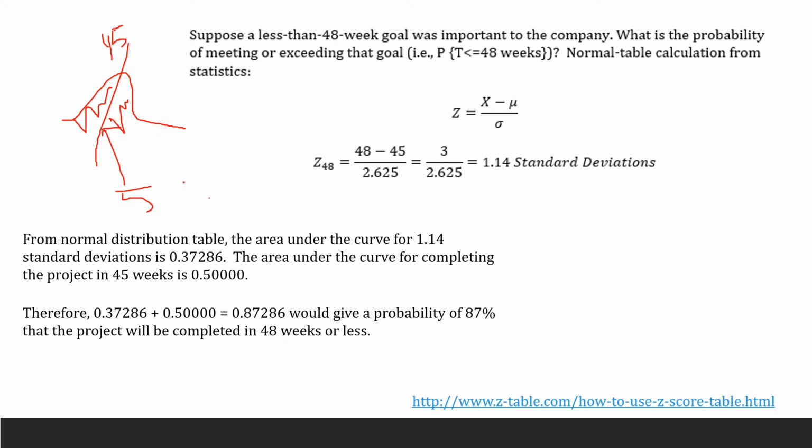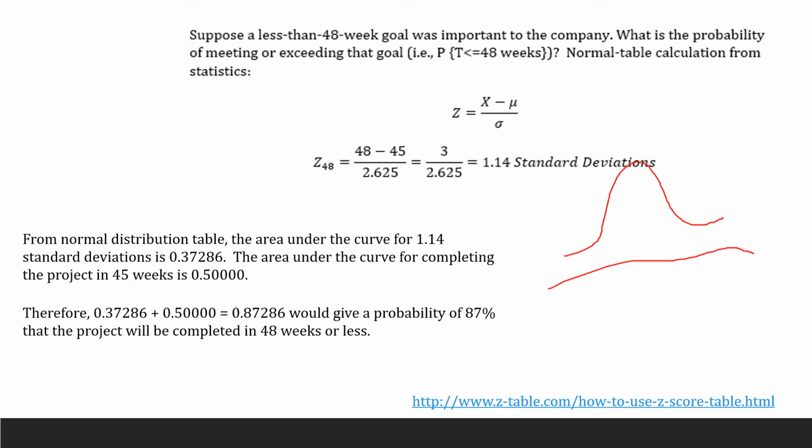So anyway, I'm going to come back to here and go back to our calculation. We're going to add that to the area. So you have 37 and you have 50. If you draw this curve again, we have the median of 50% right there, and then you're going to add 37.286.